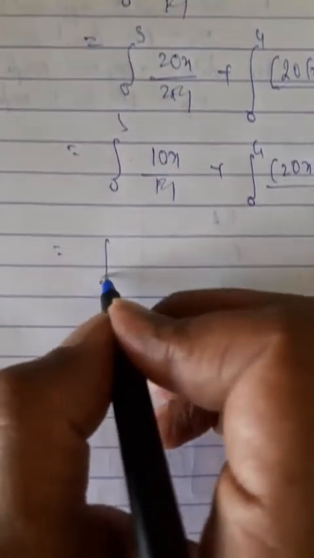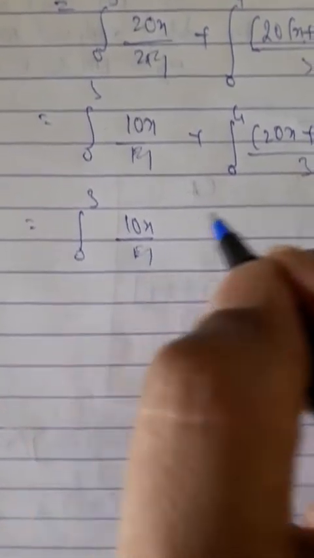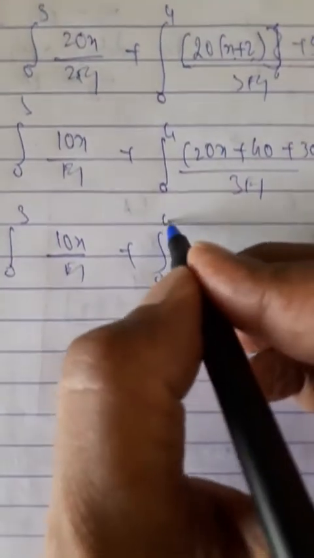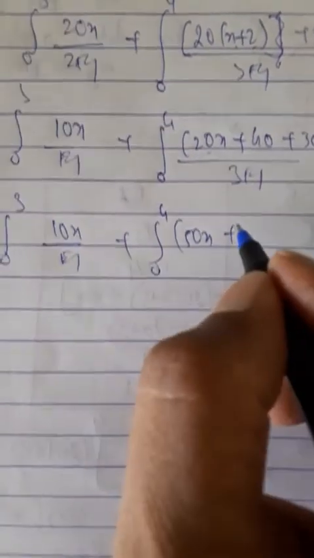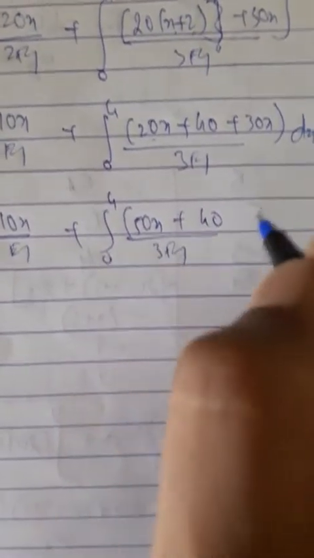So you have the terms here: 0 to 3, 10x by EI, plus 0 to 4, 50x plus 40 divided by 3EI dx.